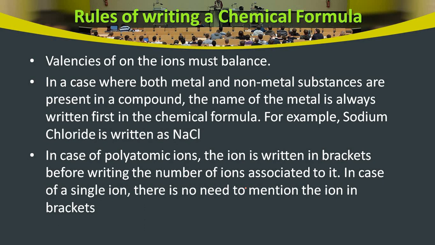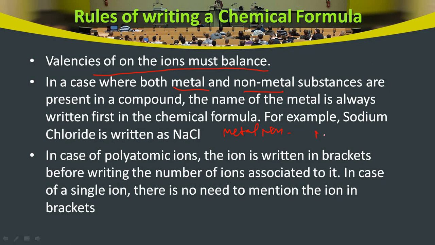Before starting anything, I would like to tell you some rules to keep in your mind when we are going to find out the chemical formula. First rule is that the valencies of the ions must be balanced. If there are any ions, their valency must be balanced. Second, if there is a metal and a non-metal together, first you write the metal, then the non-metal.